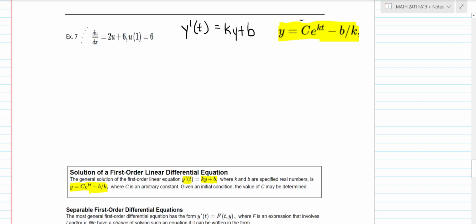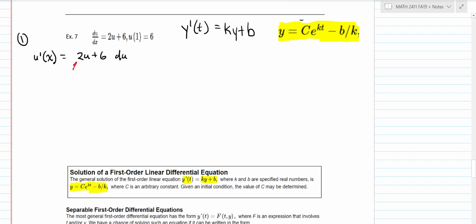Here u is in terms of x, so I'm going to rewrite this as u prime of x is equal to 2u plus 6, and use the formula to solve that linear first order differential equation.